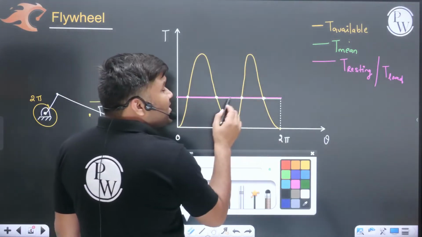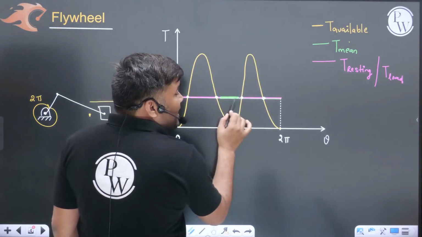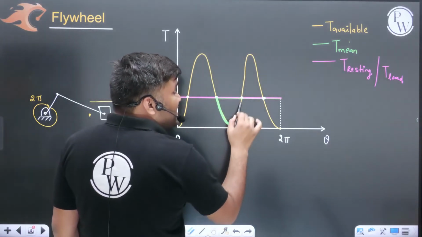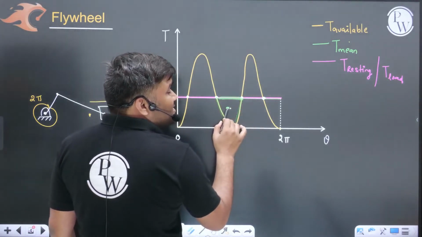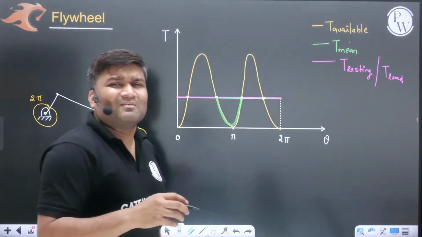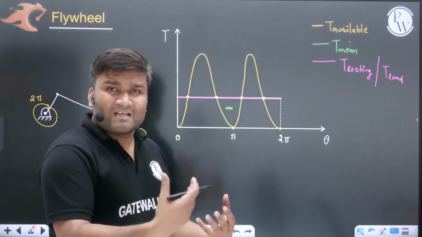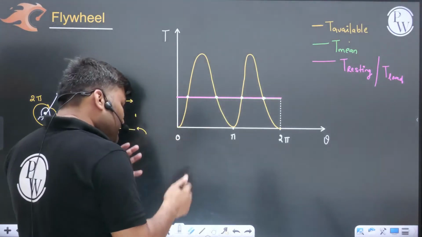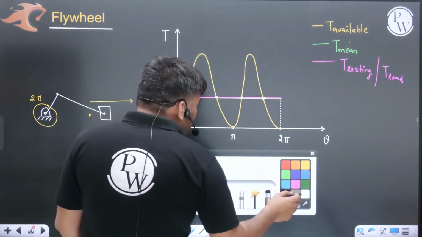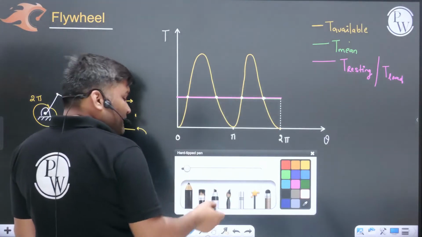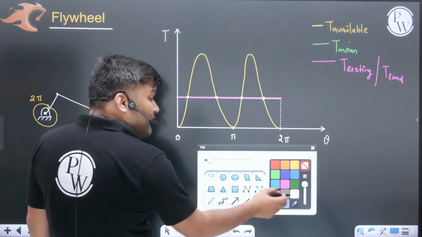The rest of the time, when requirement is high but available torque is very less, the engine will have trouble operating against that load. So let's connect a flywheel, and that flywheel is going to have an important role.